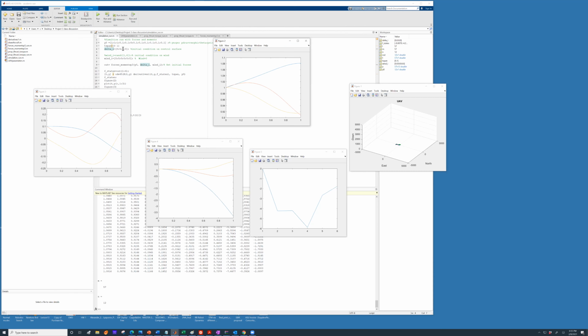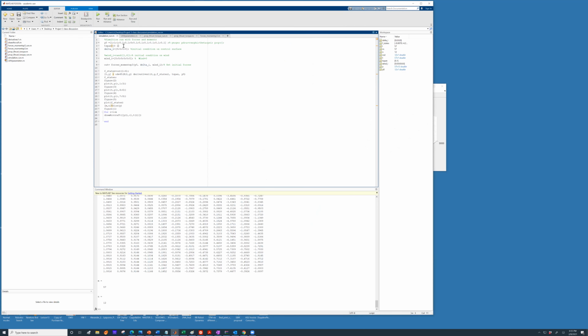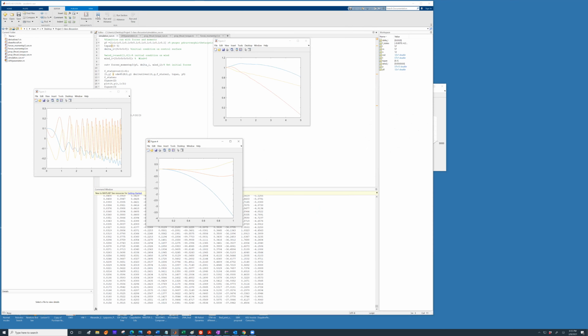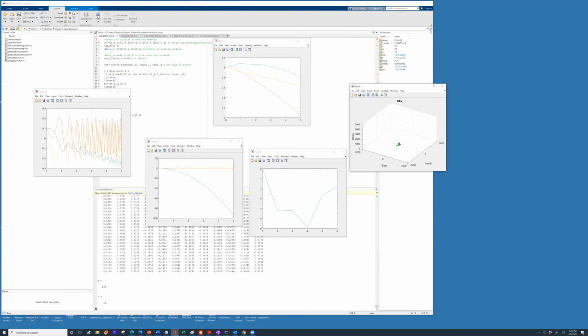If you want to see the simulation for a longer period of time, change the time span from 0 to 5, run the code, and then you will see your UAV running for a longer period of time.